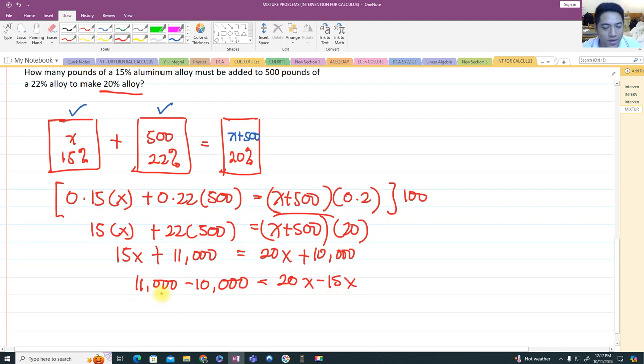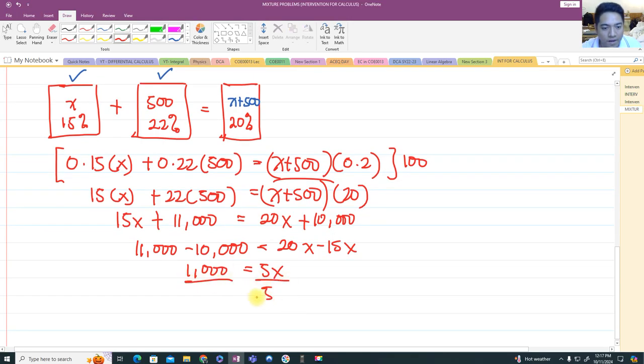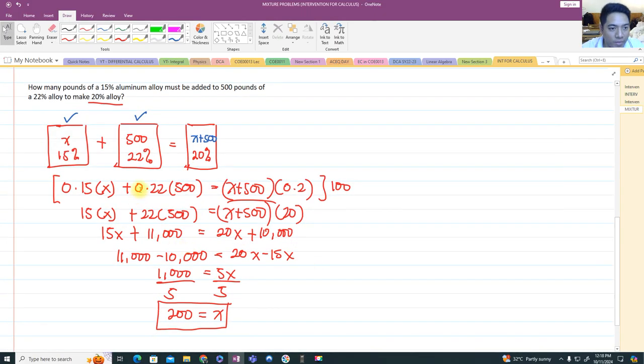So 11 minus 10 is 1,000, and 20x minus 15x is 5x. I divide both sides by 5, so you have 200 equals x. The amount must be 200 pounds of 15% alloy to make a mixture of 20% alloy with the 22% alloy. So that's how you solve for the amount of pounds.